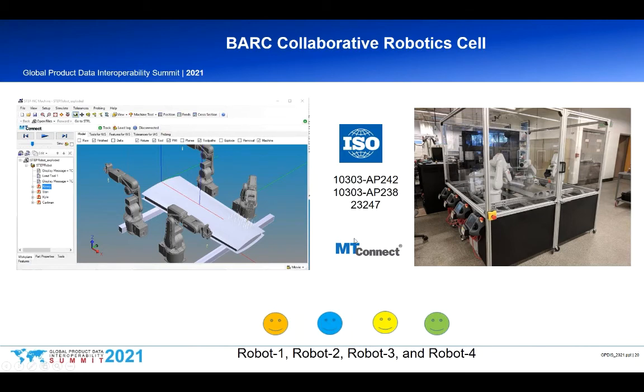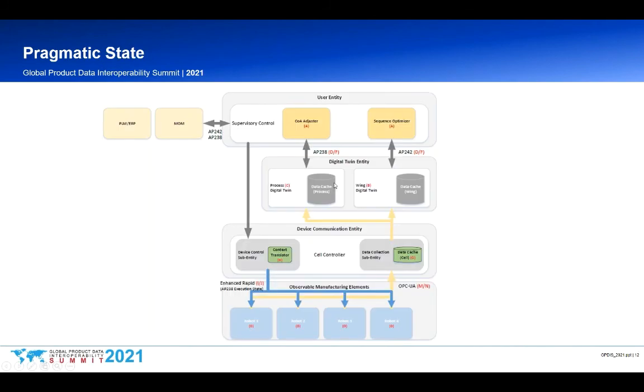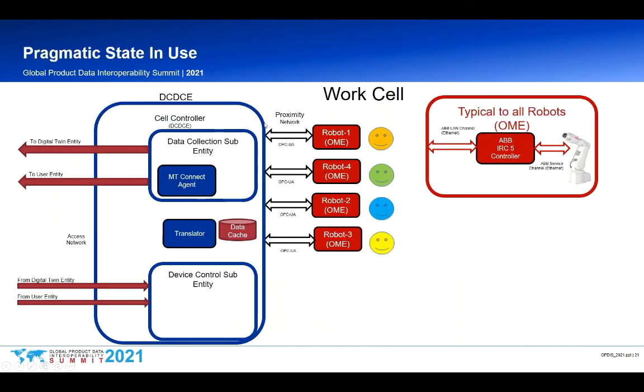Okay. And so this is kind of more of a digital twin framework view of that same example that we showed up here. It's just allowing us to see it in context of a proximity network.